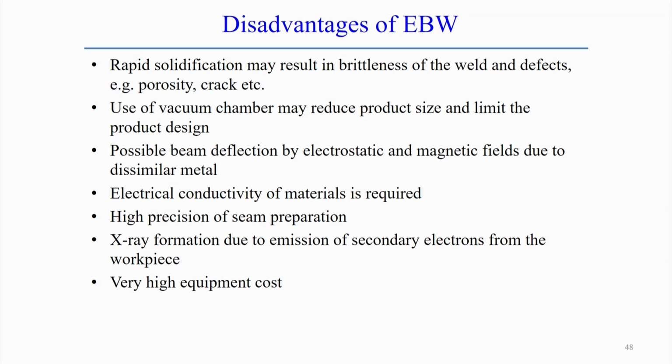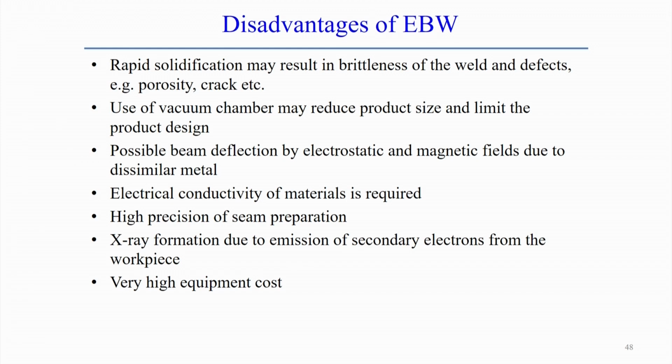Welding a small part is fine, but for a large component, it is very difficult to create the vacuum and do the electron beam welding. So, that is one of the biggest disadvantages of using the vacuum chamber.